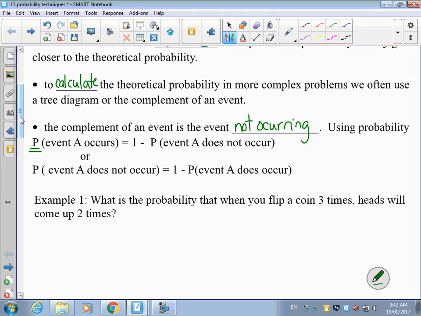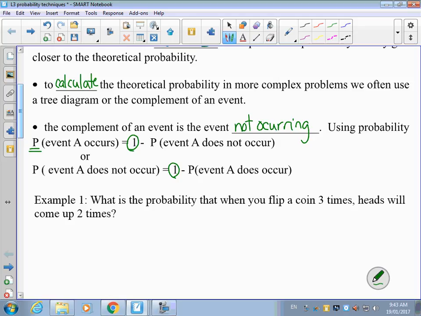So the probability event A occurs is the same as taking our perfect probability of 1 and subtracting its opposite, the event not occurring. And both of those are true. If something doesn't happen, it's the same as taking the perfect probability of 1 and subtracting what does happen. So if I want to know the probability of tails, I could take 1 minus the probability of heads happening. That is how you would use a complement to figure out theoretical probability.